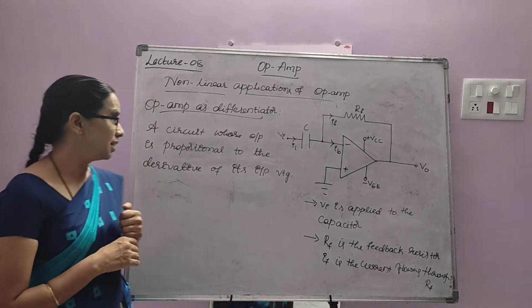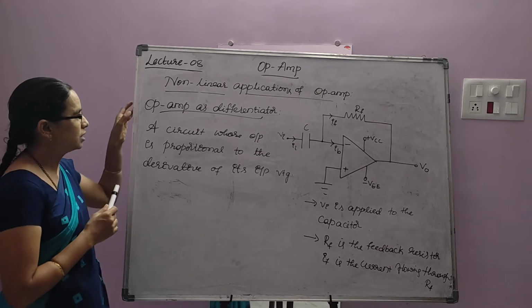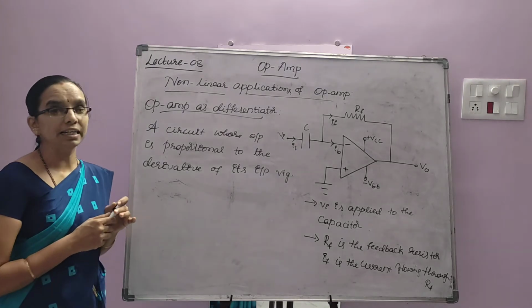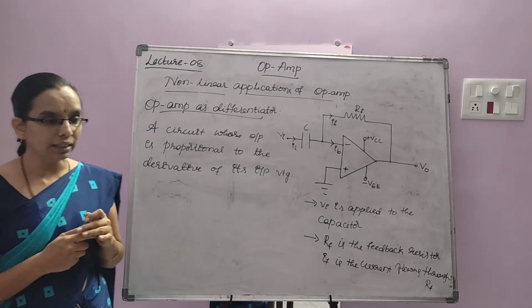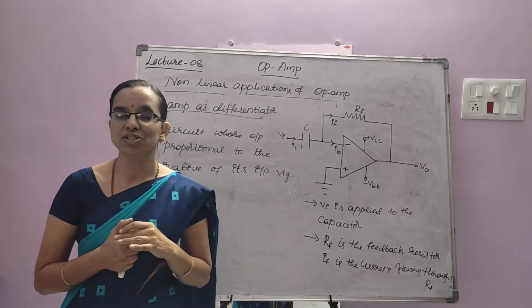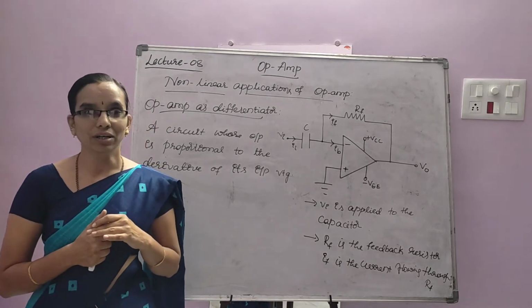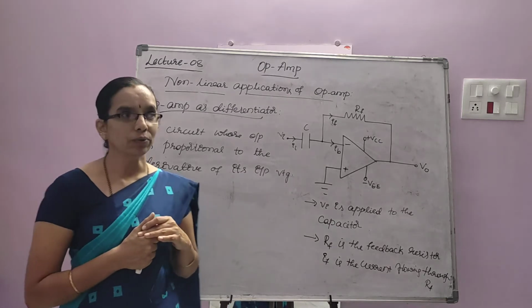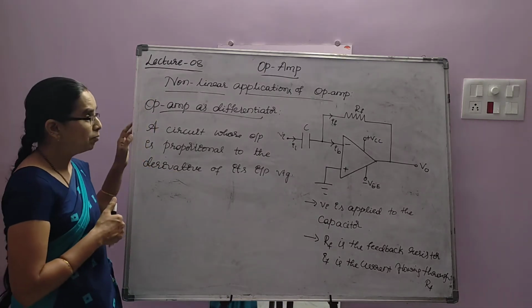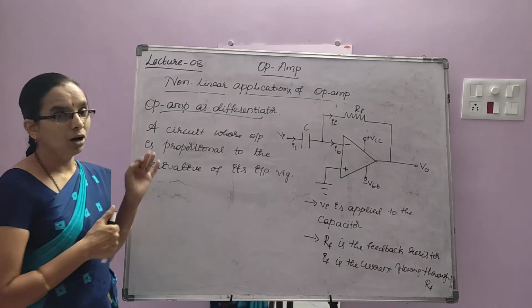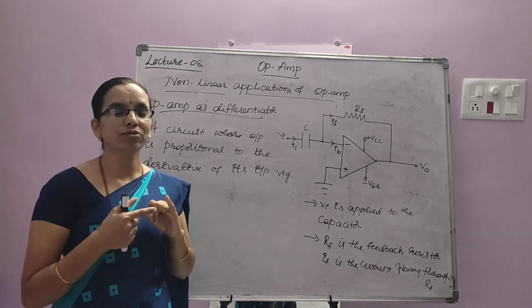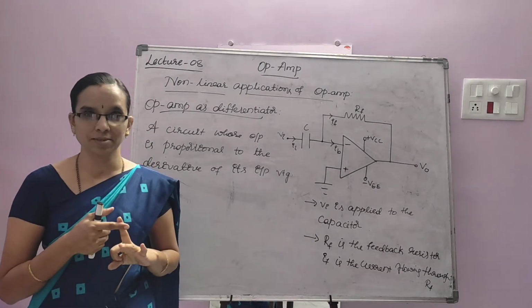Whereas in nonlinear applications, we are going to study the differentiator and integrator circuits. You are already aware of what is differentiation, what is integration in your mathematics. So here op-amp adds, subtracts, also differentiates and integrates.